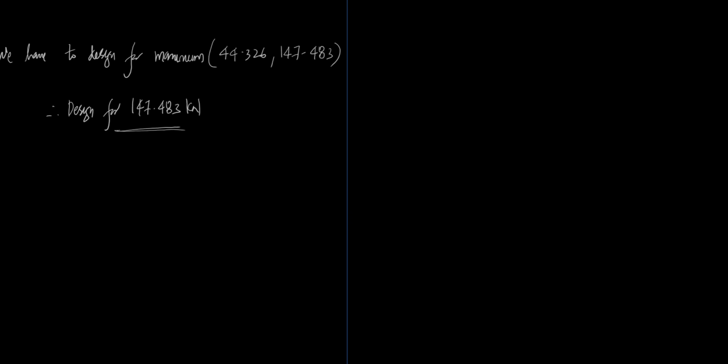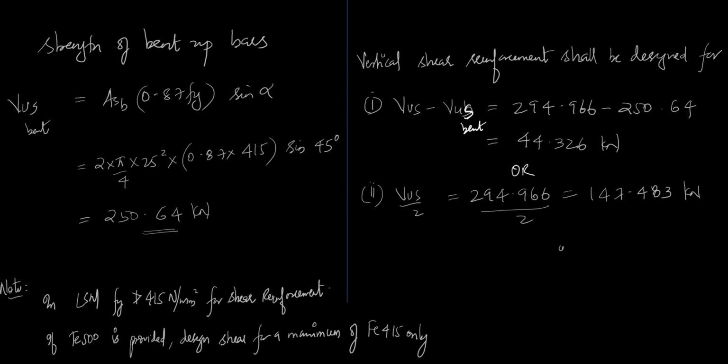So from the code, we have to design for a maximum of 44.326 or 147.483. So design the shear reinforcement for 147.483. Actually the bend has a capacity for taking 250.64, but we will limit it to the maximum of these two.